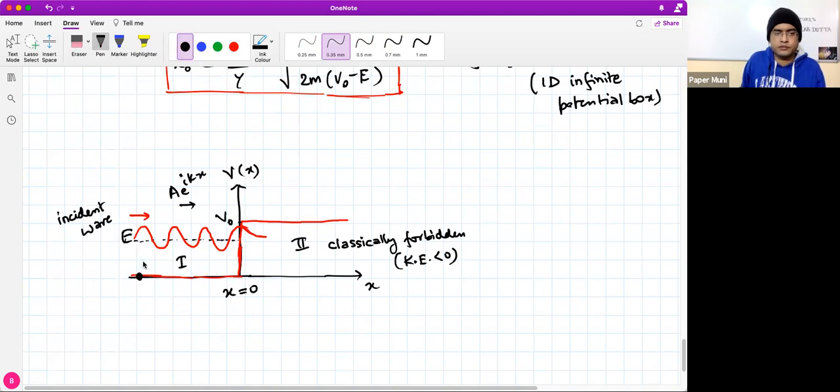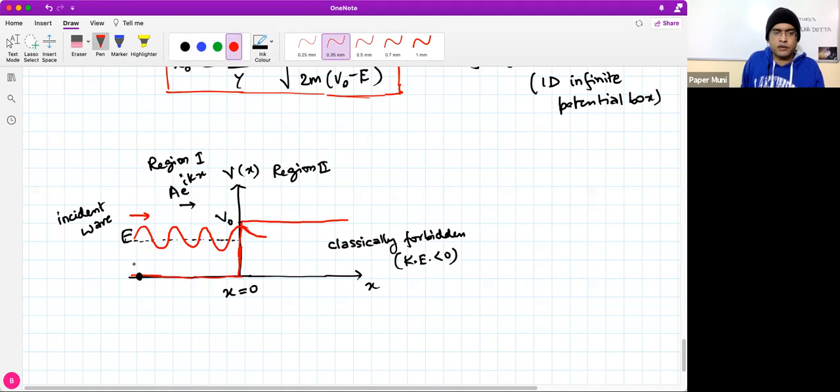And then we have the reflected wave. Both have the same magnitude here, but the directions are opposite. This is region 1, and this is region 2. Now both are in phase.